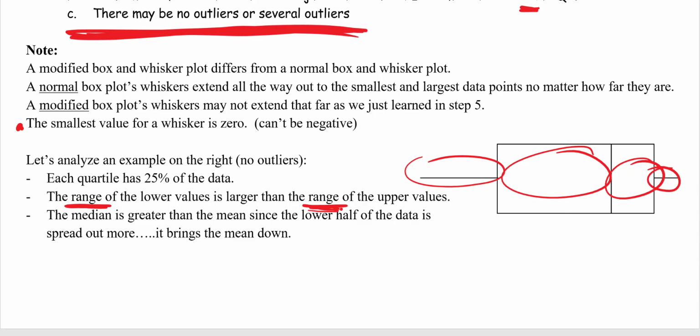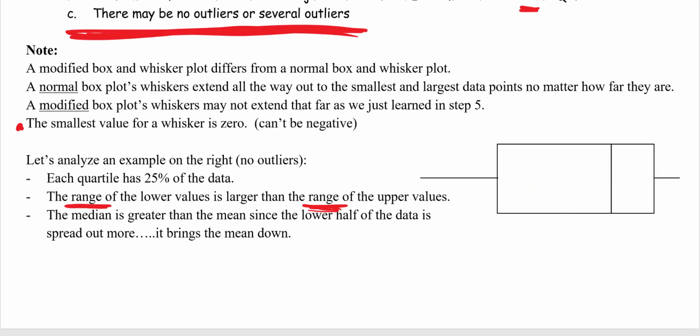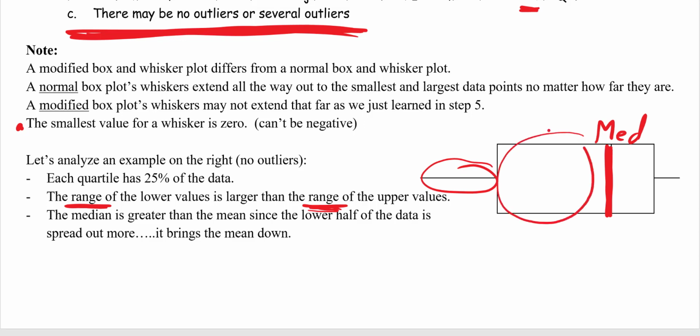So let's talk about, let me erase this here again. So this is the median. All right, this line right here. And so if I ask you which was greater, the mean or the median, what happens is this range of data, because it's spread out so far, and this is spread out so far, and this is tight, and this is tight, this spread out data is actually going to bring the mean down.